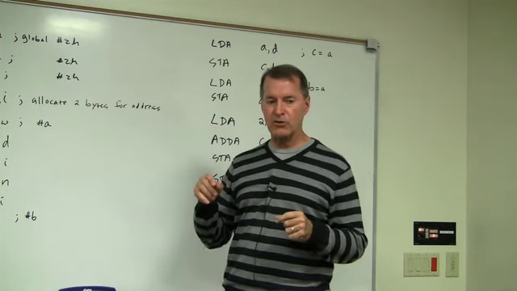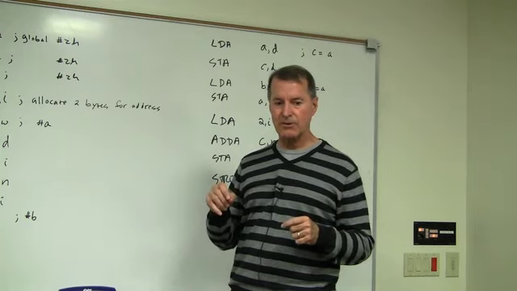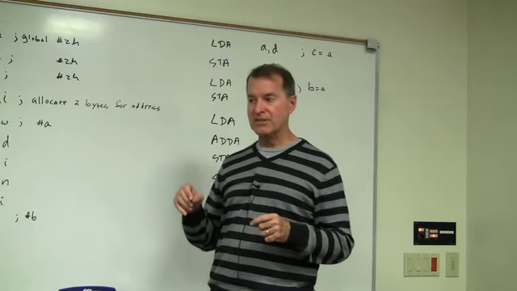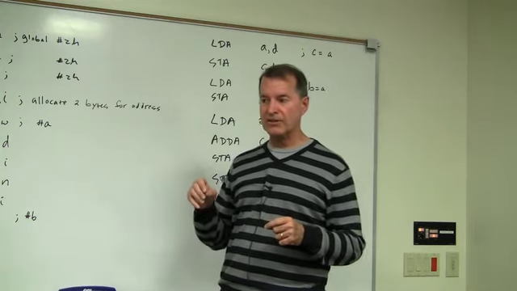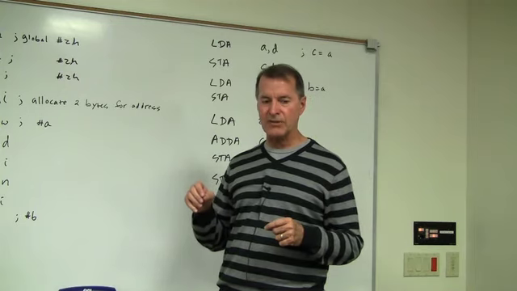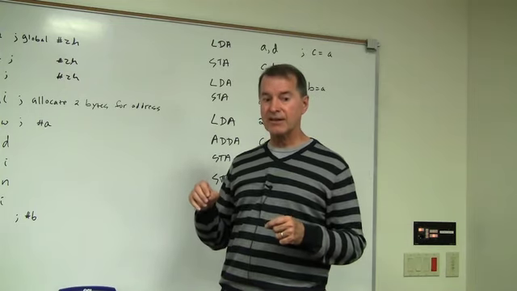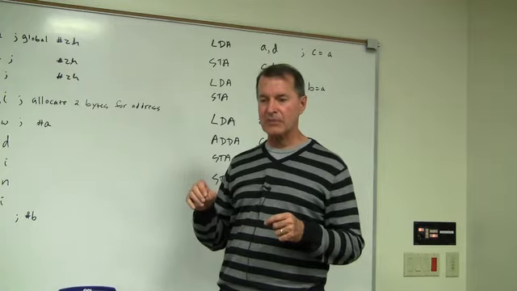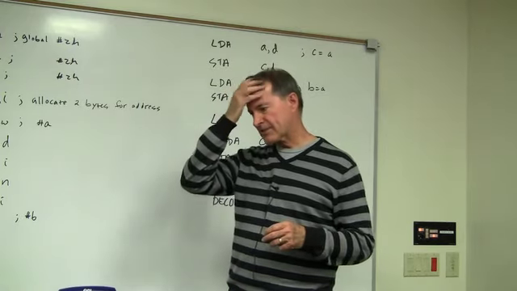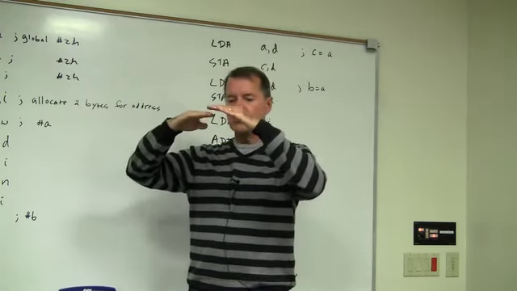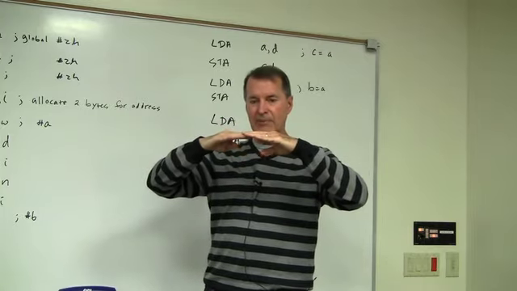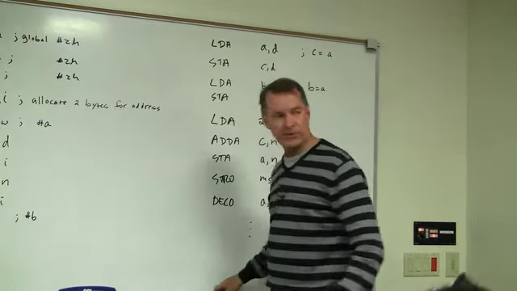The programmer has to do their own delete. And whether the programmer does the delete or the garbage collector, automatic garbage collection like in Java, does the delete, still you have to be able to delete. Now think about what happens.